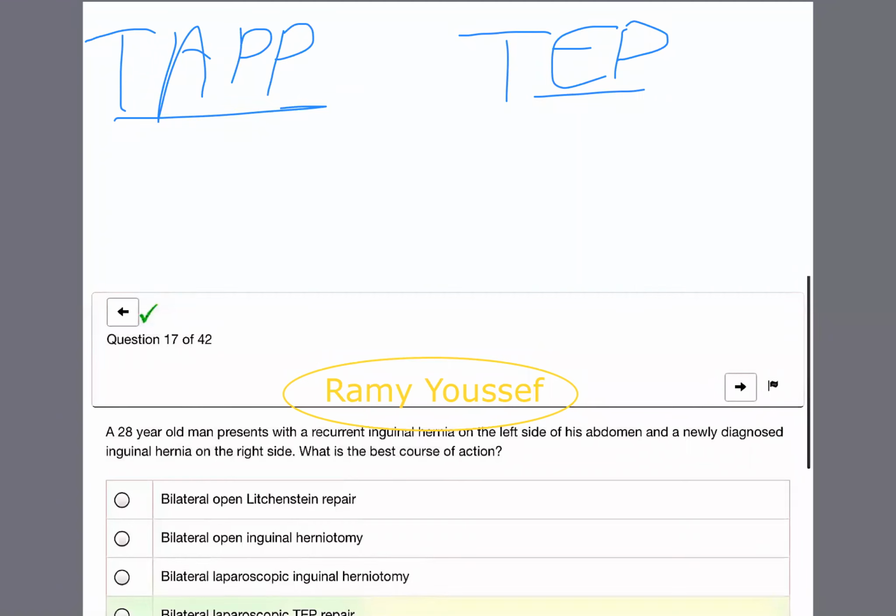In TAP, this is transabdominal preperitoneal. Here you have skin, muscles, and then the peritoneum.